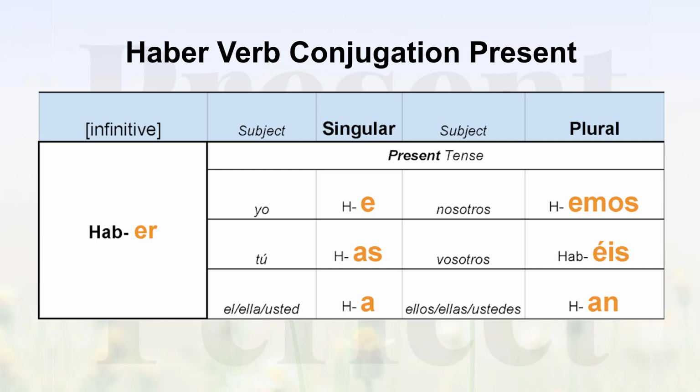So for all persons, singular or plural, except second person plural, vosotros, the root part of the verb ab becomes just h. So it goes yo he, tú has, él ha, nosotros hemos, vosotros habéis, ellos han.